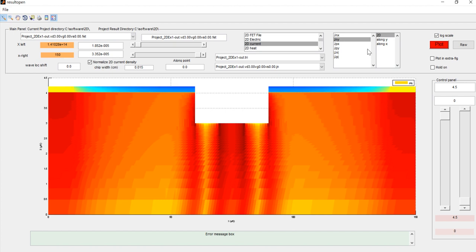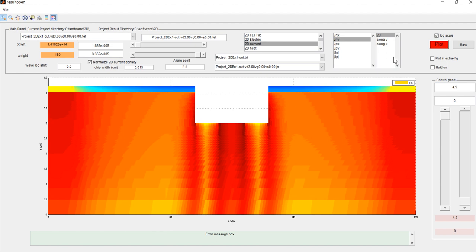And if you plot JNX, you will find there is huge current along this direction. You need to think about that. It's not so easy, but if you look at it for a longer time, you will get familiar with how to interpret this data.